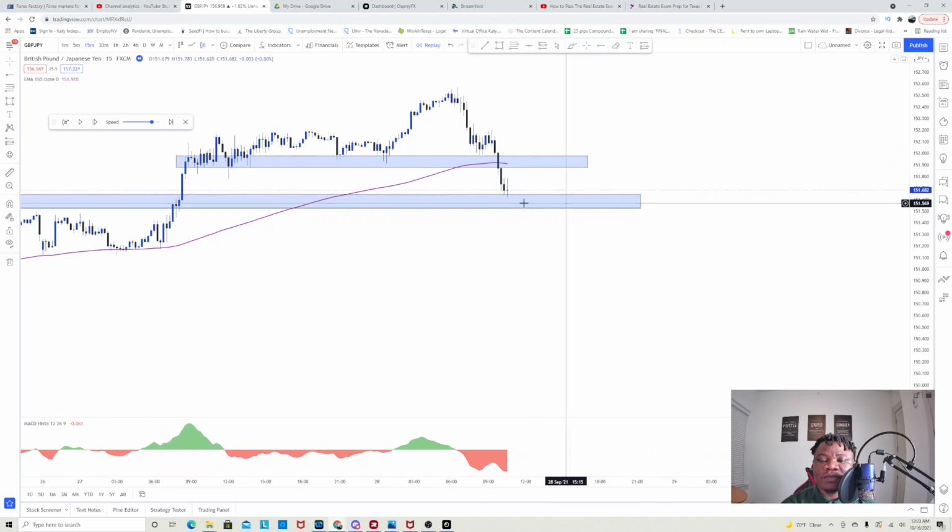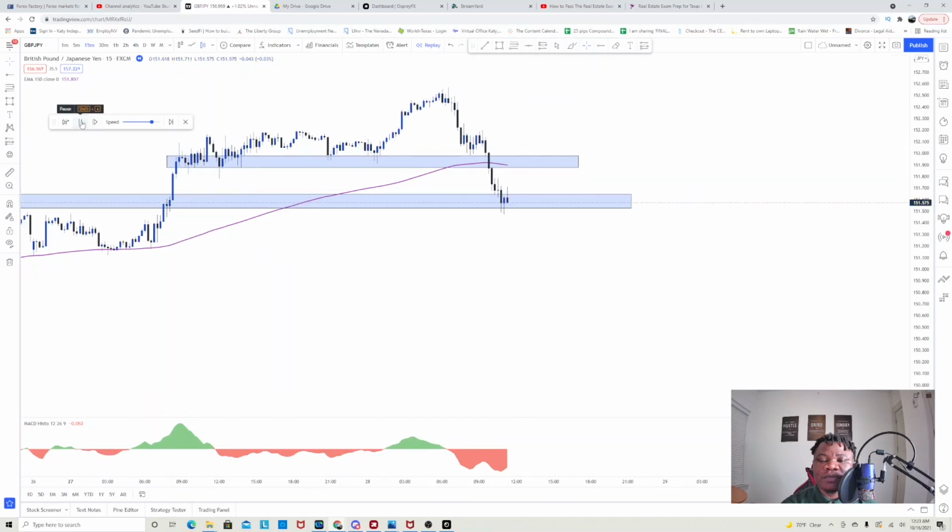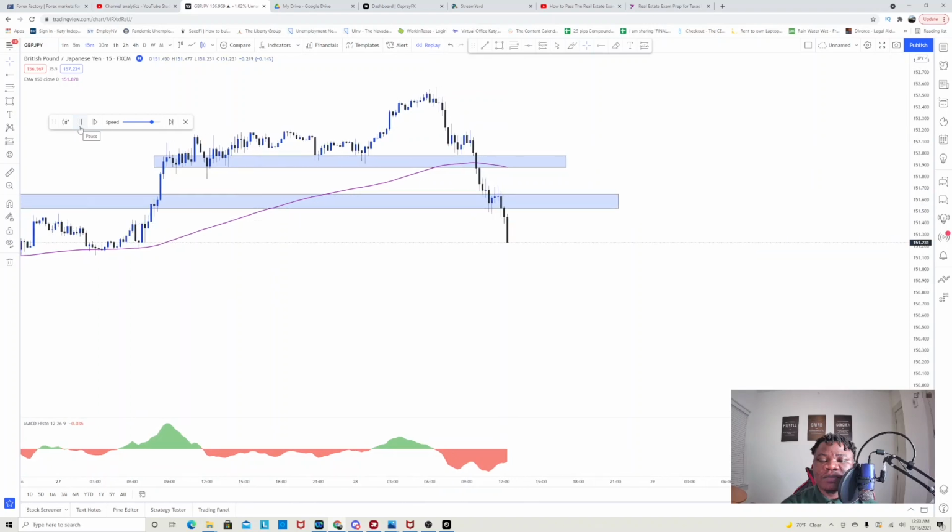Now we're waiting for price to break below this previous resistance zone turned support zone. Let's see. Now, as you can see, we had a rejection here at this previous resistance zone. Now price created a support zone for us right over here. So let's see where our entry is going to be.